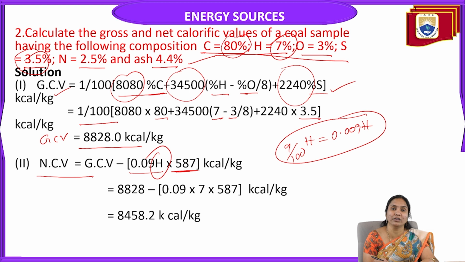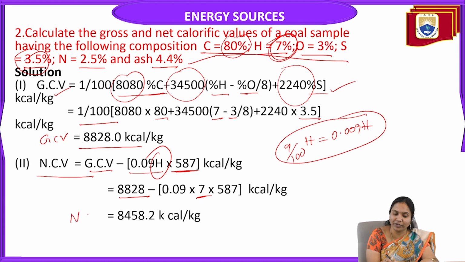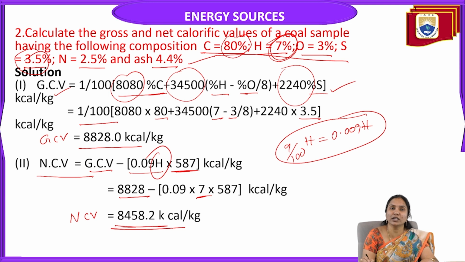NCV equals 8,828 minus 0.09 into 7, the percentage of hydrogen present in the fuel, into 587, the latent heat of vaporized water, 587 kilocalorie per kilogram. After calculation, finally you'll get the net calorific value of the fuel as 8,458.2 kilocalorie per kg.